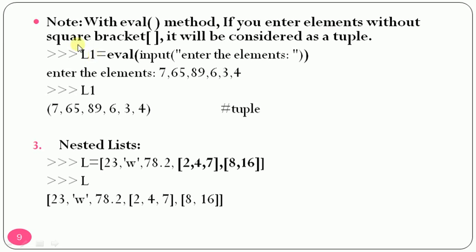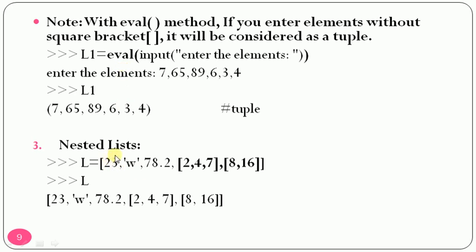See, when we display this L1, you can see these numbers enclosed in parentheses, curved brackets. That means this is a tuple. If we want to take it as a list, it must be enclosed within square brackets. That is the meaning. So these things we need to remember when we use this eval function.